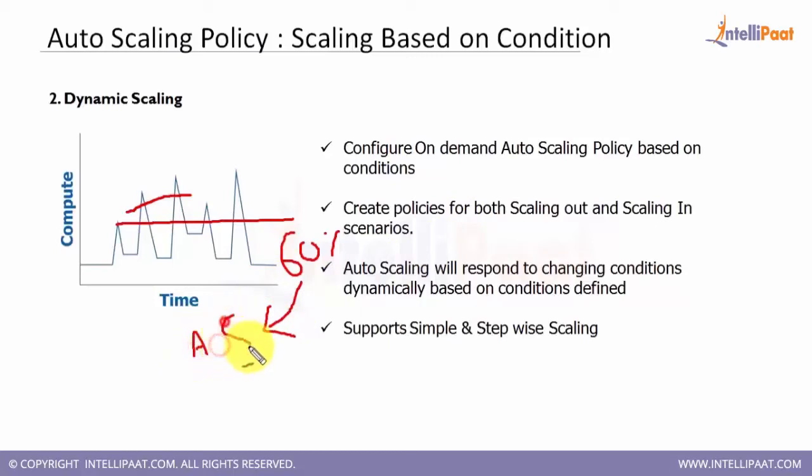Auto scaling would then launch a new instance as soon as it receives a notification from CloudWatch. You can also set up a bottom threshold that whenever it's below 20%, again notify auto scaling, and it would then terminate the instance. So you can set up the scale up policy and scale down policy.